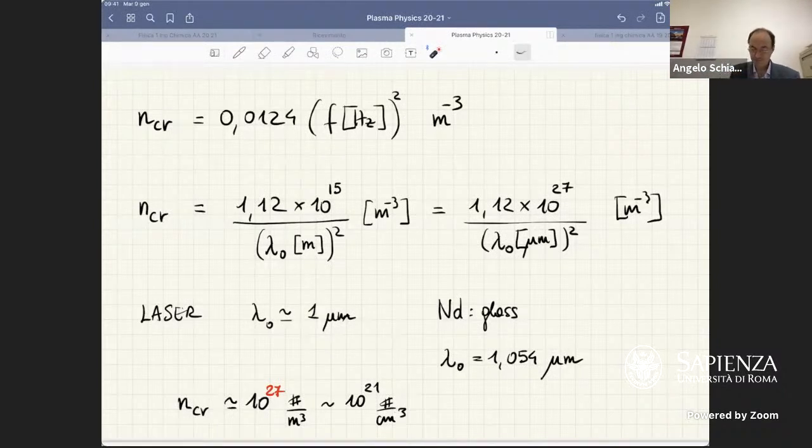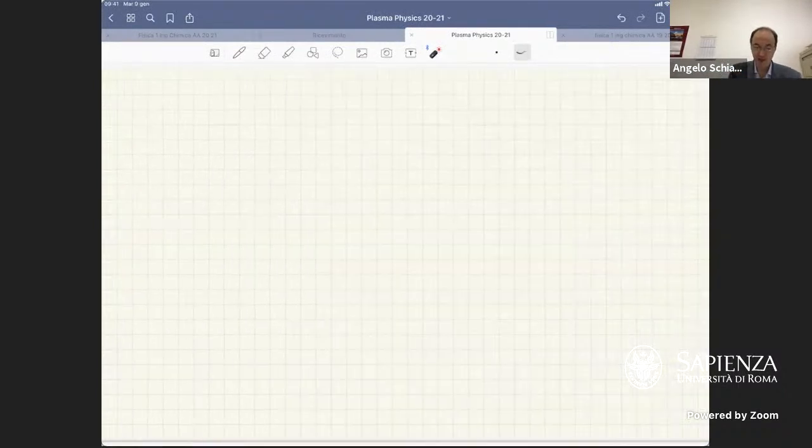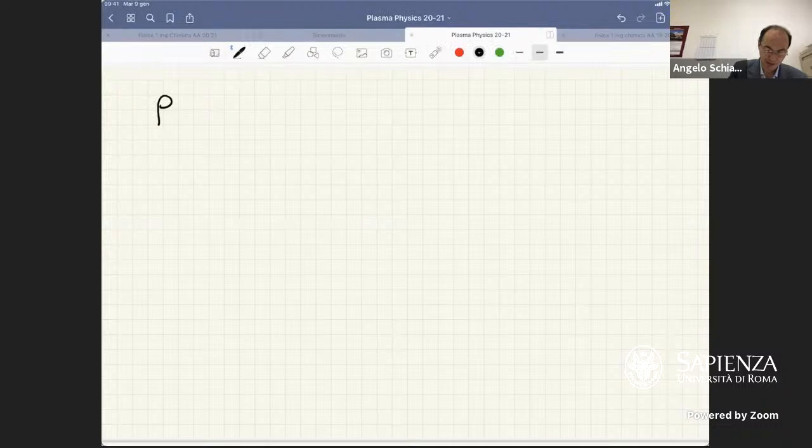If we put this together, we want to express, instead of the electron number density, the mass critical density, so we can define rho crit as the mass critical density.